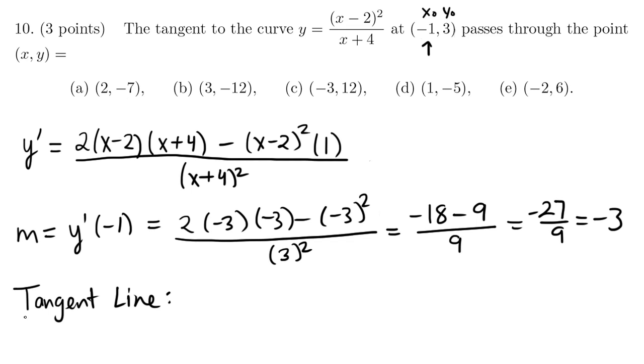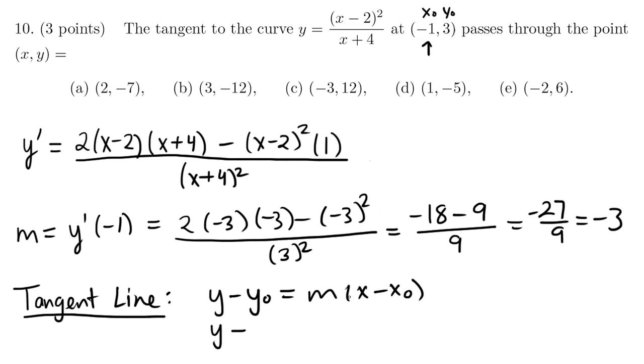Once we know the point and the slope, it's easy to find the equation. We just use this little formula, right? The point-slope equation. x and y stay as letters, but y0 and x0 are filled in with these quantities. And m here is negative 3. Minus 1.